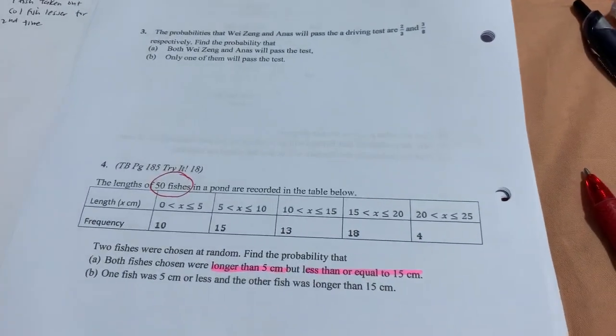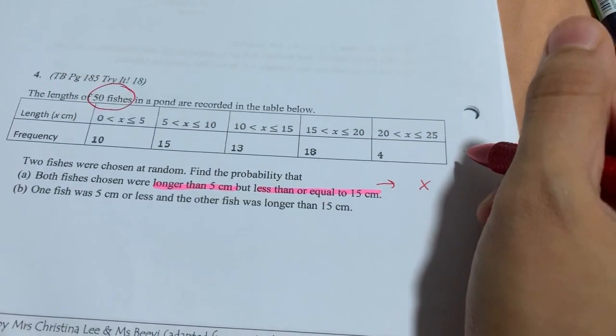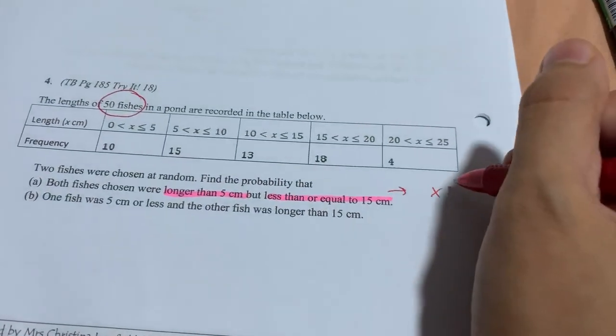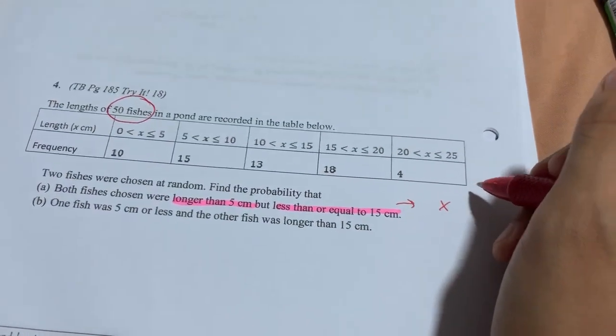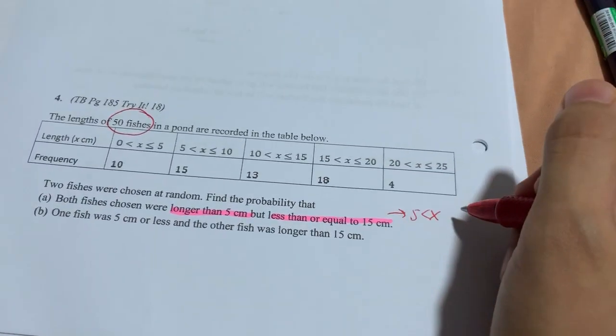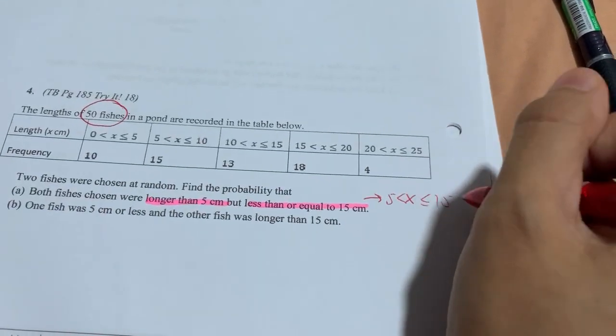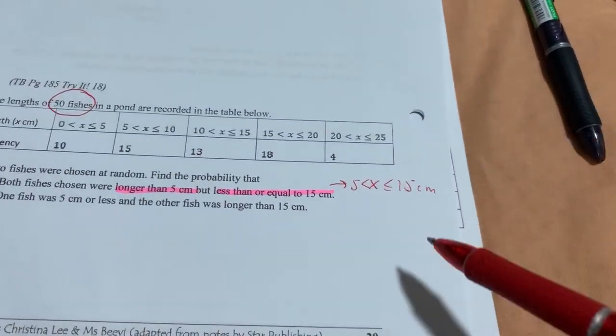Let's look at how to draw this. x has to be greater than 5 cm but lesser or equal to 15 cm. This is what we want to get.